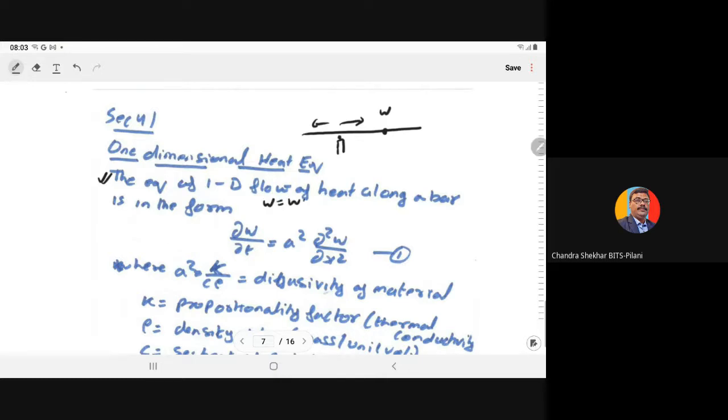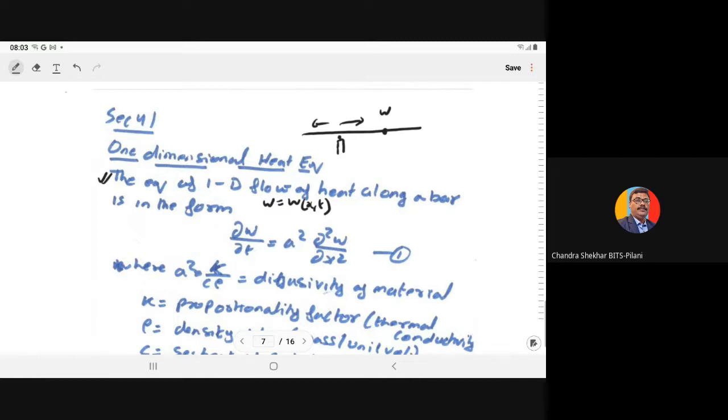W is a function of x and t, the independent variables. x is the position, t is the time.